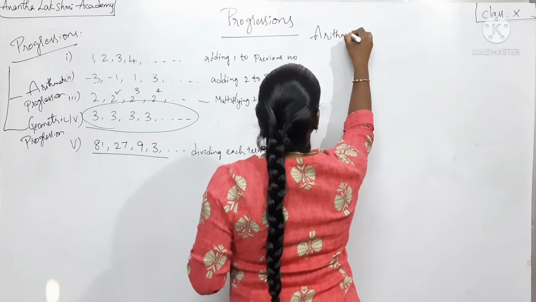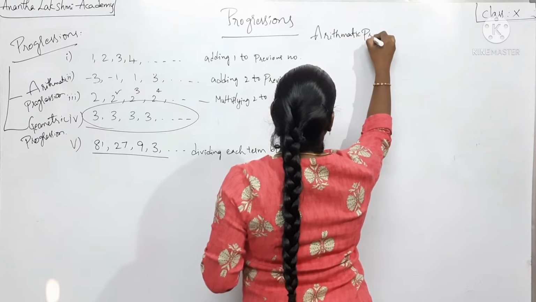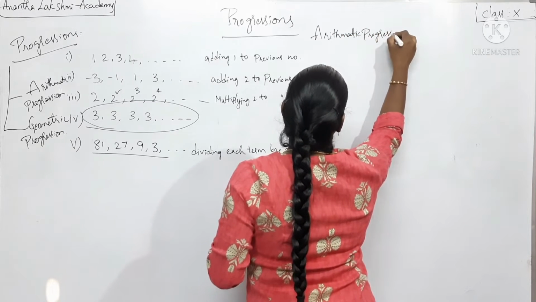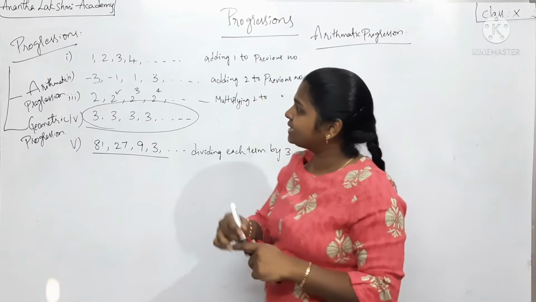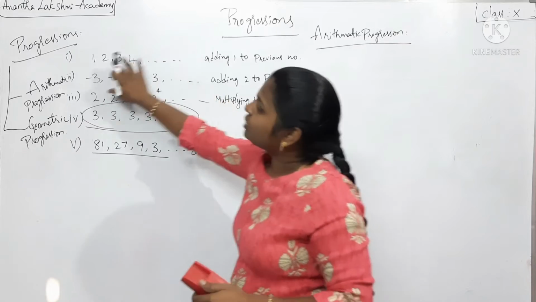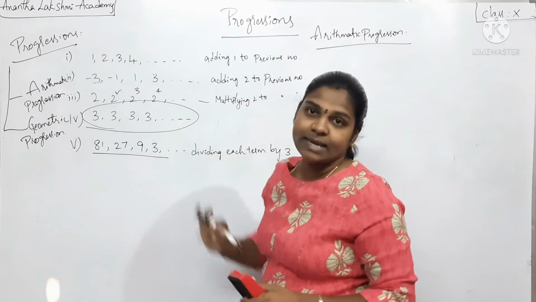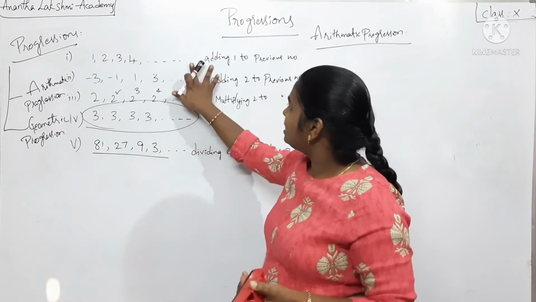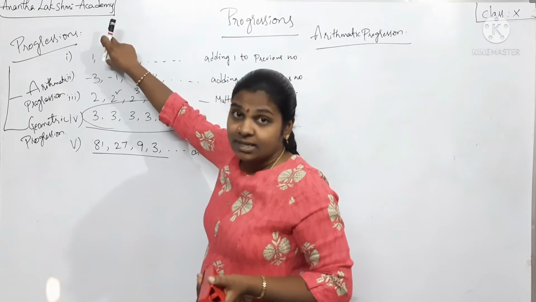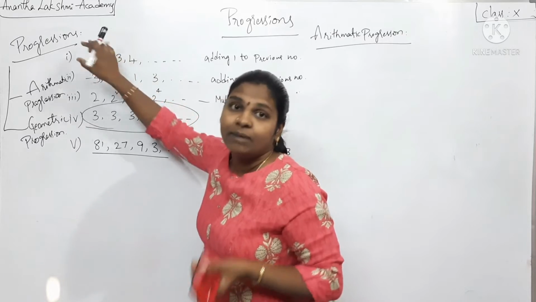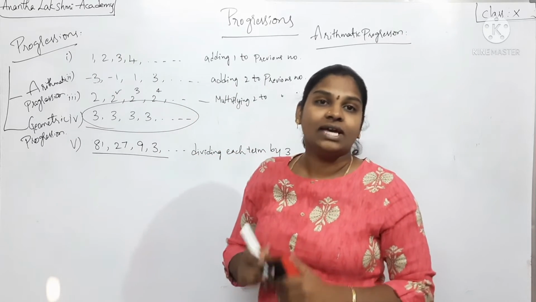In the examples, the first two examples were ones in which we obtained each term in the list by adding a particular number to the previous number.